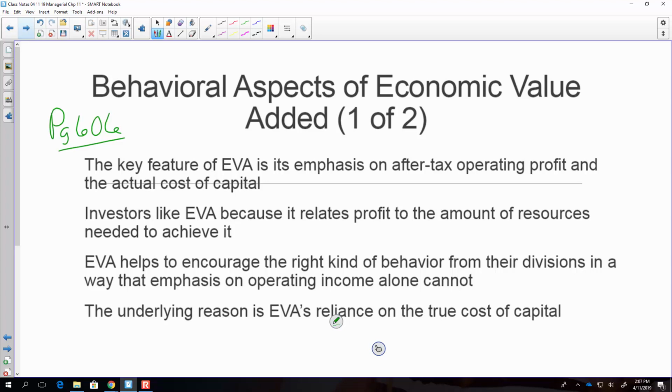If I turn to page 606 here, checkpoint questions are at the bottom of the page. So they're good for your understanding of the EVA computation and questions revolving around it. So take a moment and please go through those. They help in our understanding of those particular computations.